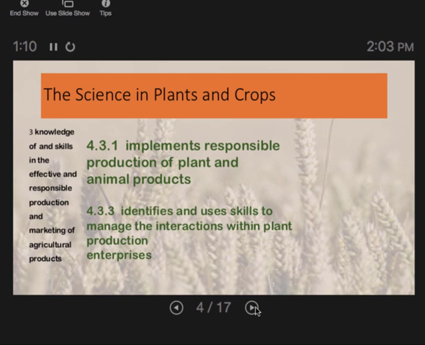So when we look at the New South Wales curriculum, one of the points that you might look at is 4.3.1, which is implements responsible production of plant and animal products, and then also using the skills. So agriculture is 50% practical and 50% in the classroom. So the practical here is identifies and uses skills to manage the interaction within plant production enterprises.